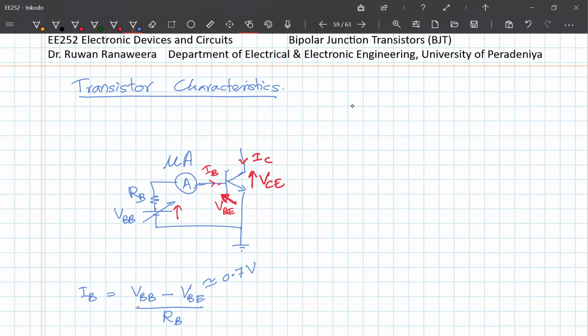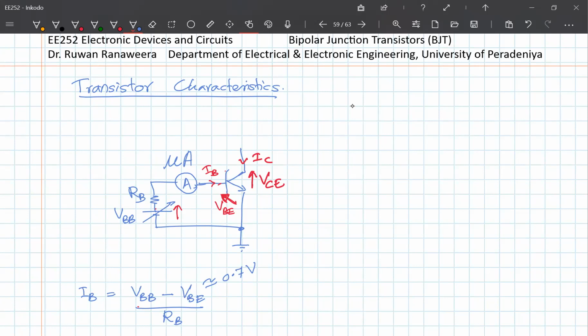So we can set a value of IB by varying VBB alone, and it doesn't depend on anything else. Hope this is clear.